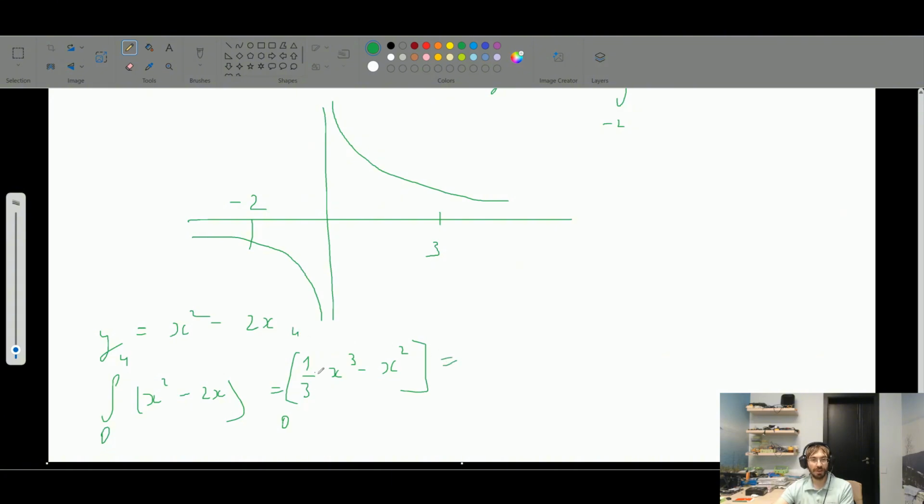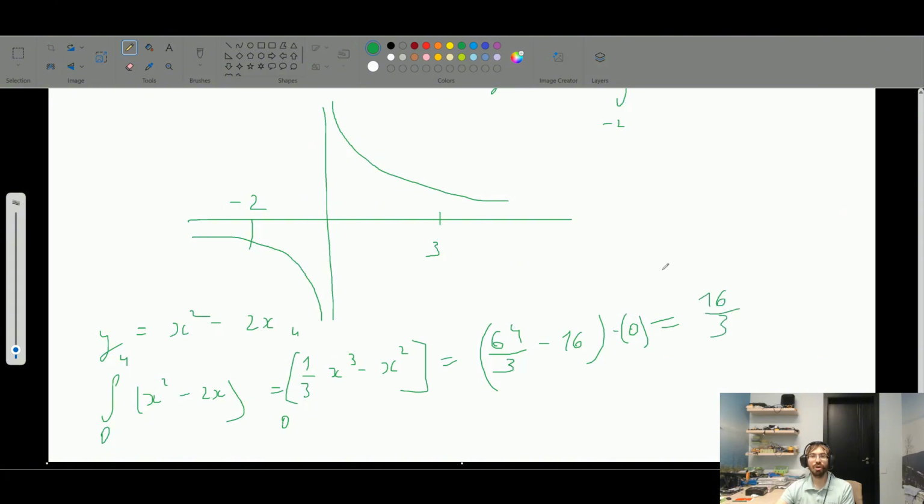You can even put here 4, and you will get 4 cubed over 3, which is 21 and 1/3, or 64 over 3, minus 4 squared, minus 16, and minus 0. So the answer will be then maybe even positive. Yes, indeed. So it will be roughly 16 over 3.